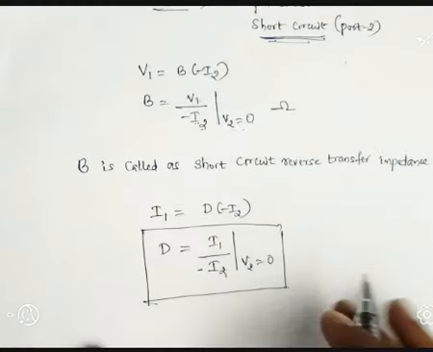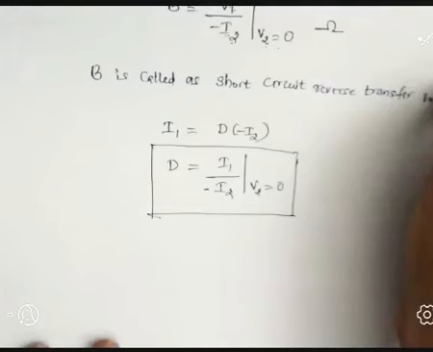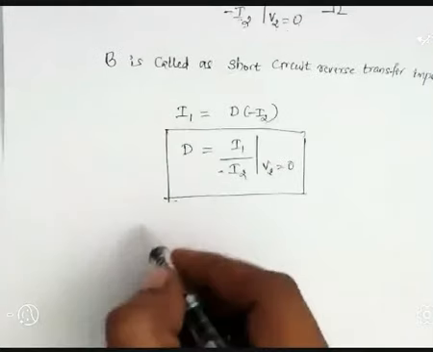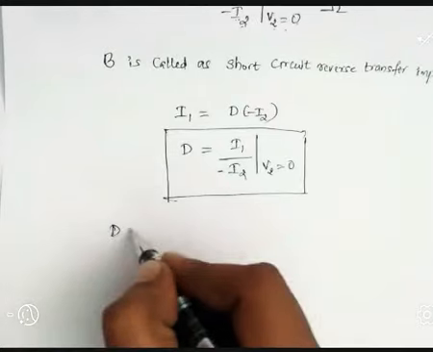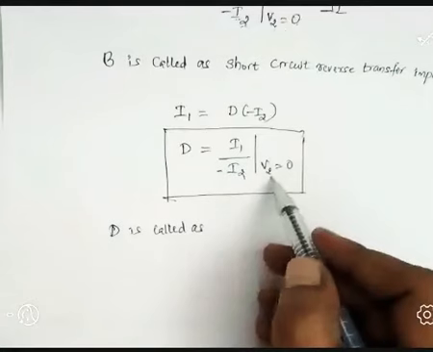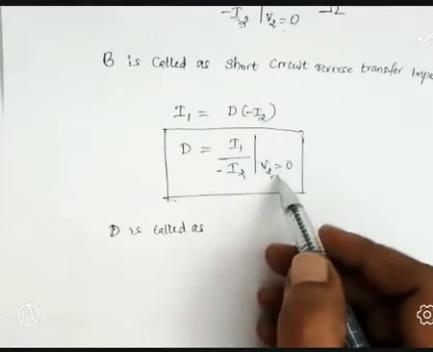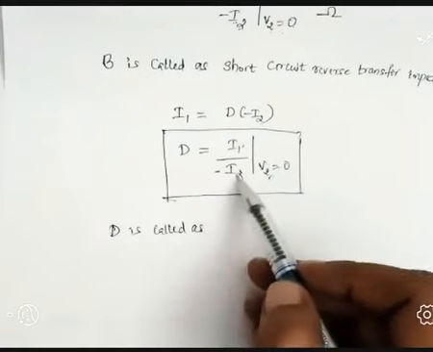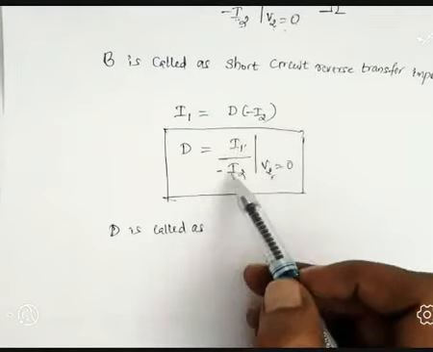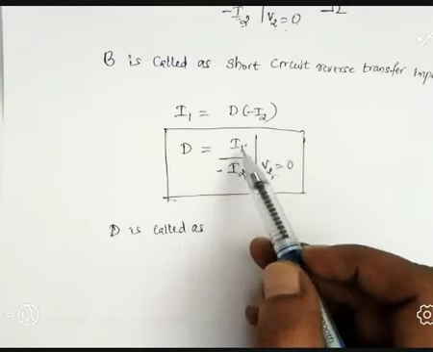Now define parameter D. The parameter D is called, it is because of V2 equal to 0, hence short circuit, input parameter by output parameter, reverse. Numerator as well as denominator both are currents.